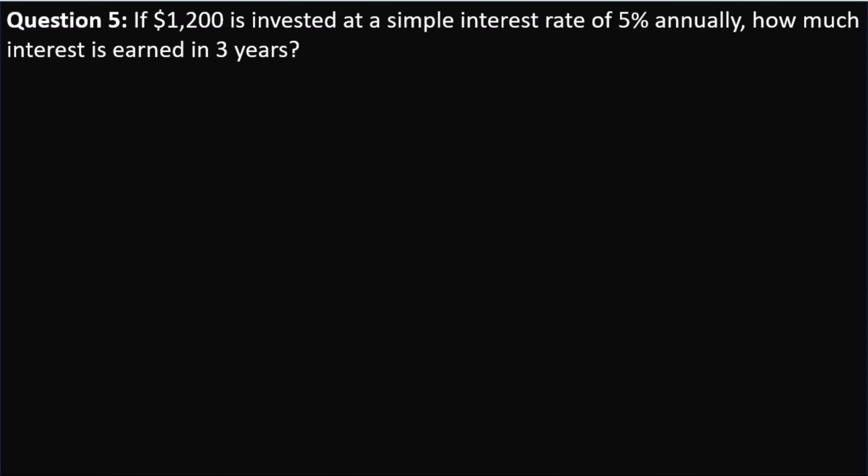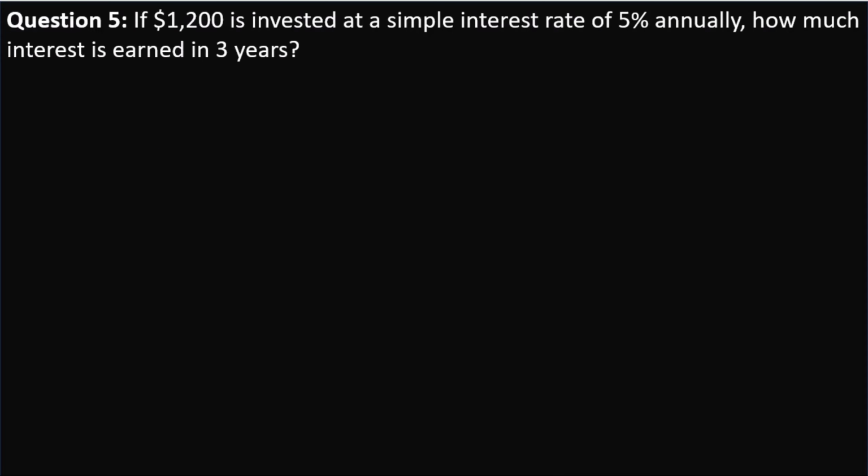So if you invest $100, you can earn $5 annually. So for 3 years, multiply by 3, it's $15. So if anyone invests $100, he will earn $15 after 3 years.